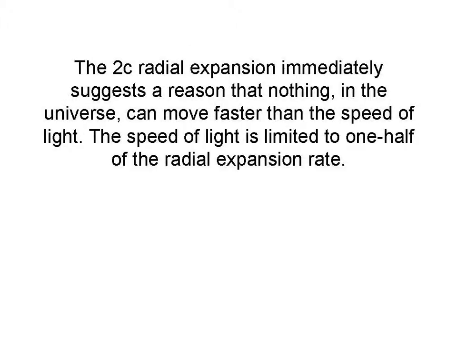The 2c radial expansion immediately suggests a reason that nothing in the universe can move faster than the speed of light. The speed of light is limited to 1/2 of the radial expansion rate.